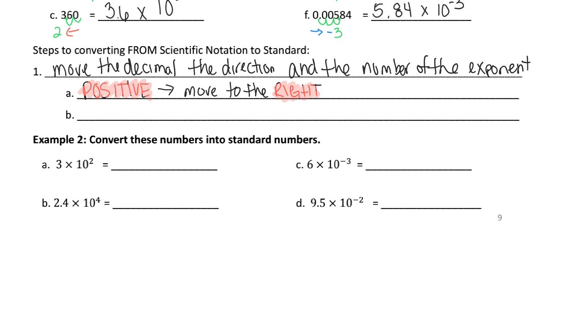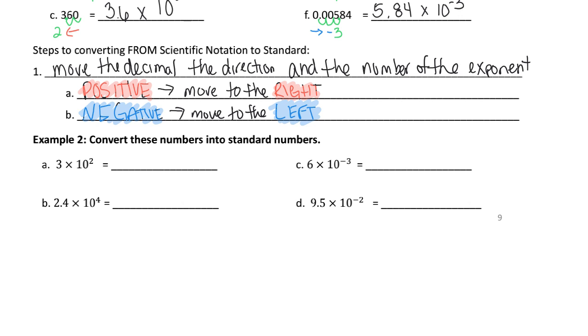And then if it's negative, then we move it to the left. Okay, so it's kind of like the opposite of the above process, right? Because pretty much we're undoing scientific notation.